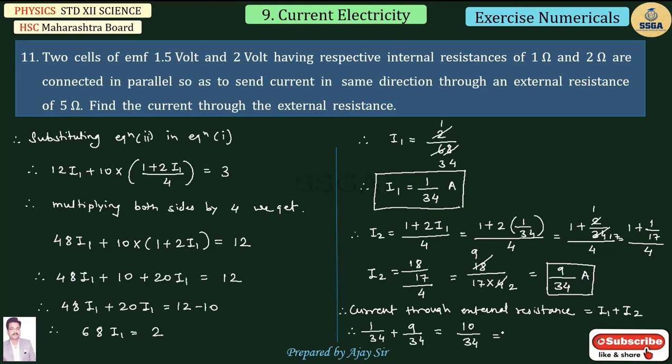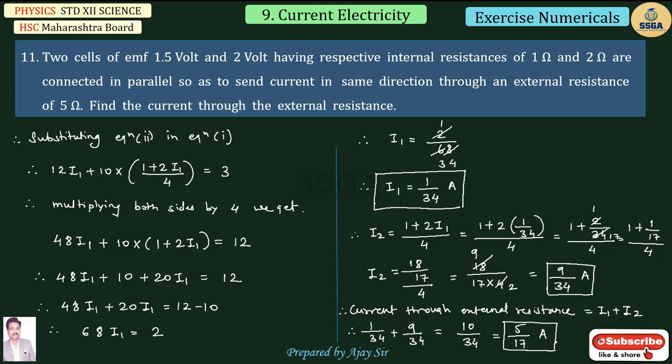Using the table of 2, 2 5s are 10 and 2 17s are 34. So the current flowing through the external resistance is 5 divided by 17 ampere.